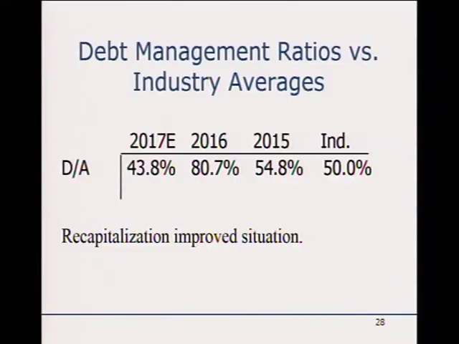Projection in 2017, we sit at 43.8, below average. It means we have got lesser liabilities compared to our assets when you compare it with the industry averages. Good, it seems, but is it good? It may be good, it may be bad.